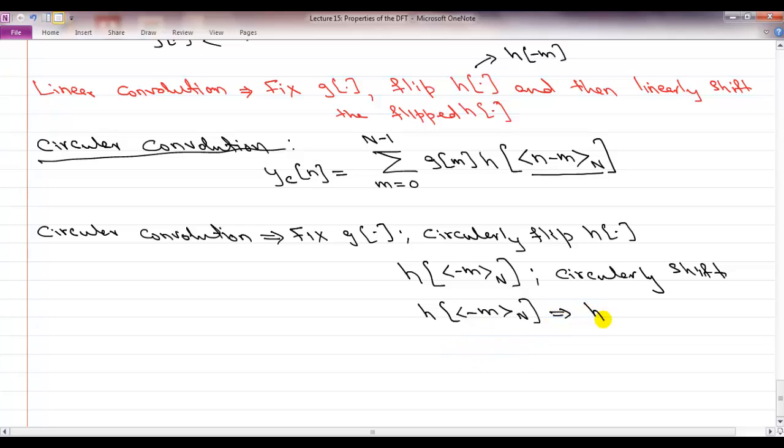It is h of n minus m mod n. That's the circular shift operation. So it is very similar to linear convolution, with the caveat that linear flip gets replaced by circular flip, and linear shift gets replaced by circular shift. We will look at it in more detail in the next class, both graphically and in tabular form, very similar to what you have done for linear convolution.